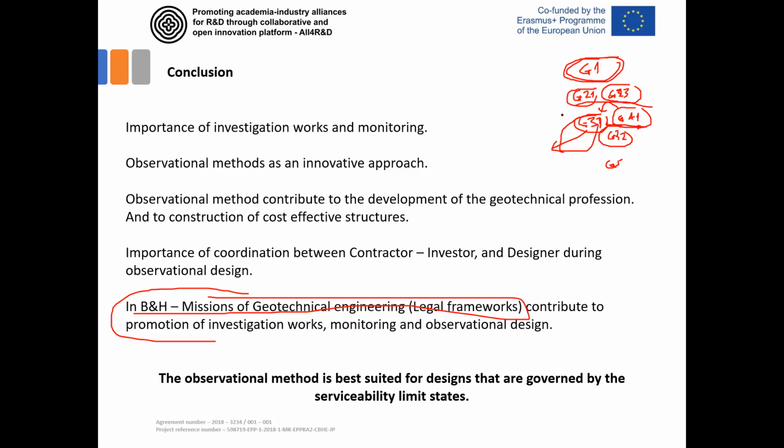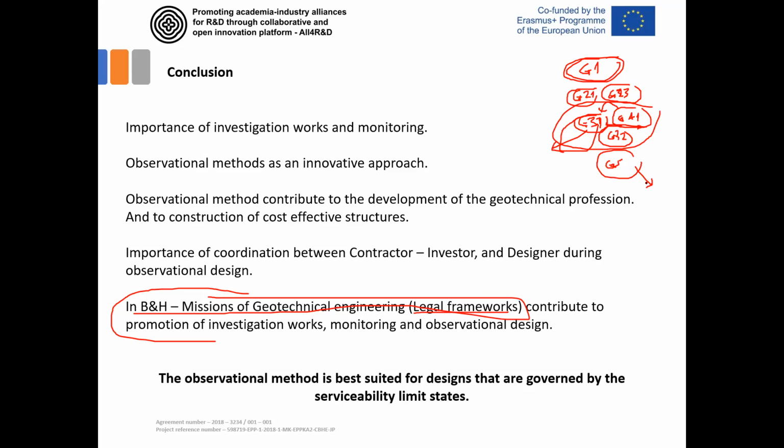So here you have a very important legal framework, really defined documents where the contractor and investor are connected, and you can apply this observational method for such a project. And the final document is this G5 document.